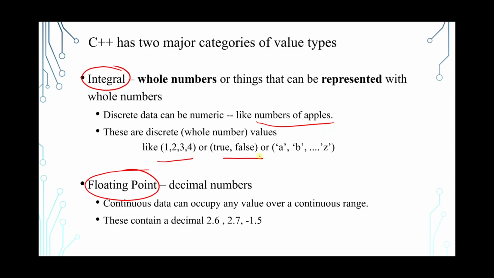Or true, false, because those are represented as 0 and 1. Or characters, because those are eventually represented in ASCII numbers. Floating point decimal numbers are continuous data that can occupy any value over a continuous range, like 2.6, 2.7, -1.5, and so on.